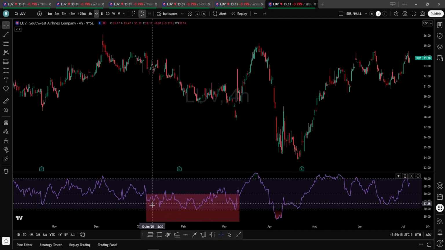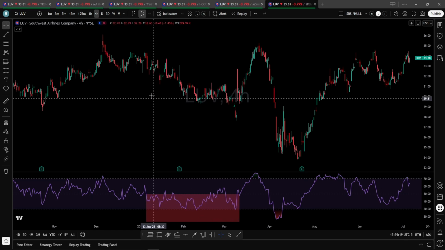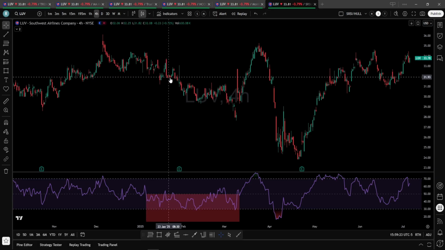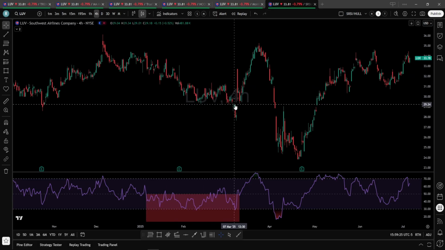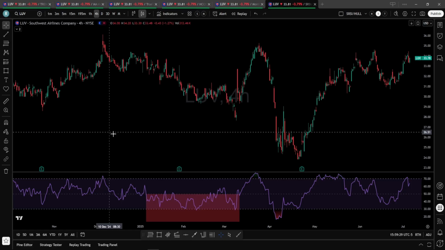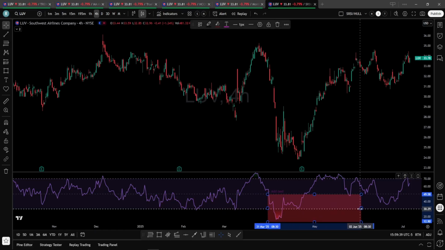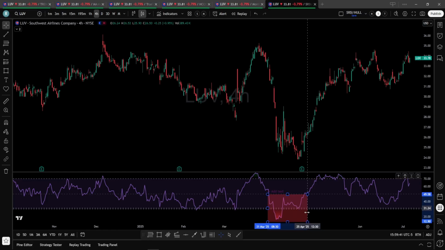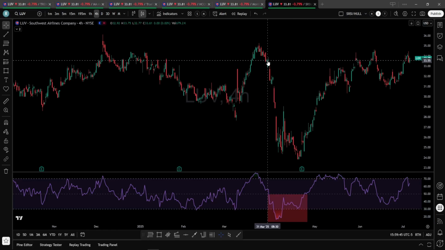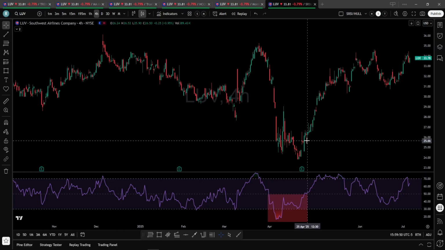Okay, we can see that the RSI has been hanging out below the 50. And if you come up here, you can see that the bears are indeed in control from here to here before it then takes off here. We can see that it returned below the 50 there to about there, and that would be right here to right here.